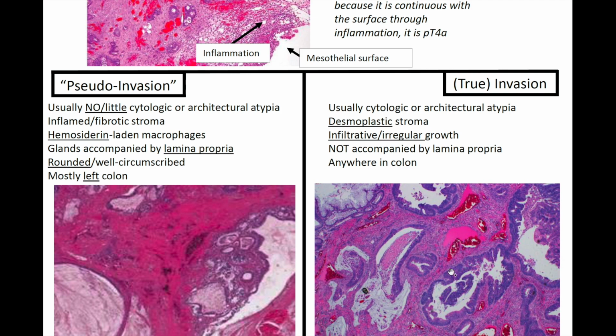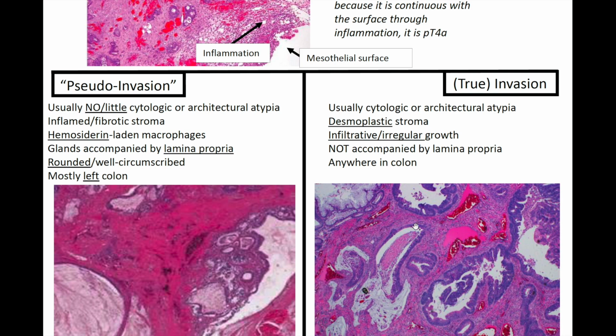So for me, if I'm looking at something and I'm wondering is this invasive or not, the key thing that sticks out is kind of what Kurt already has underlined here, right? The desmoplastic stroma and the infiltrative and irregular growth.